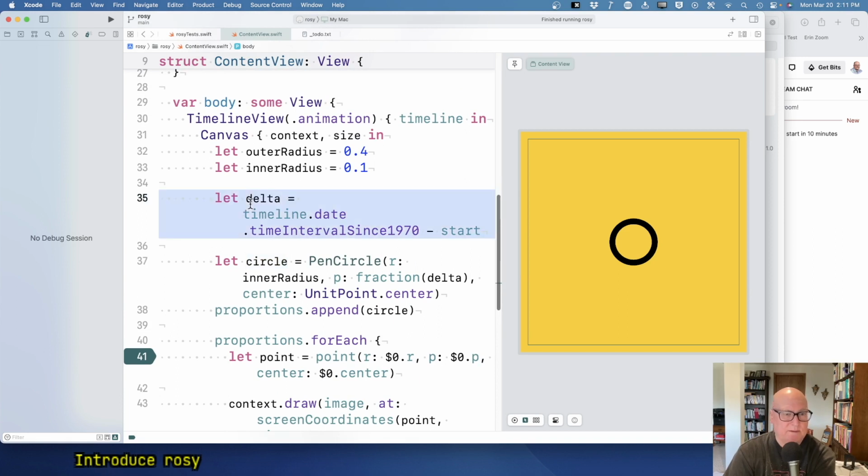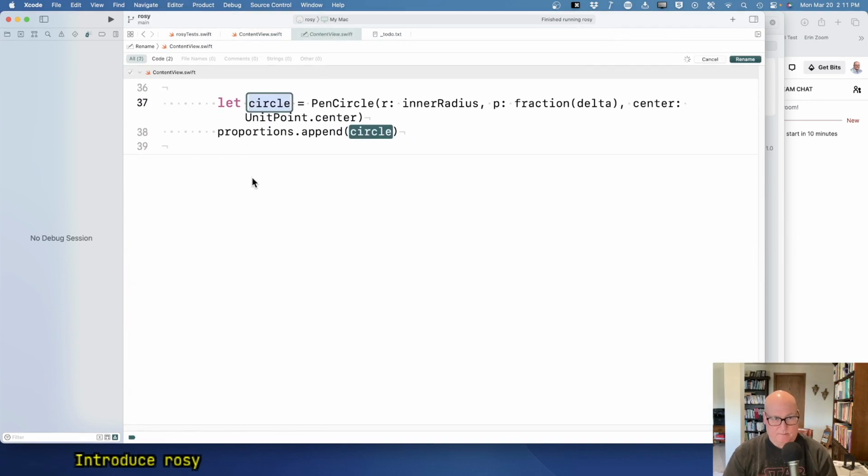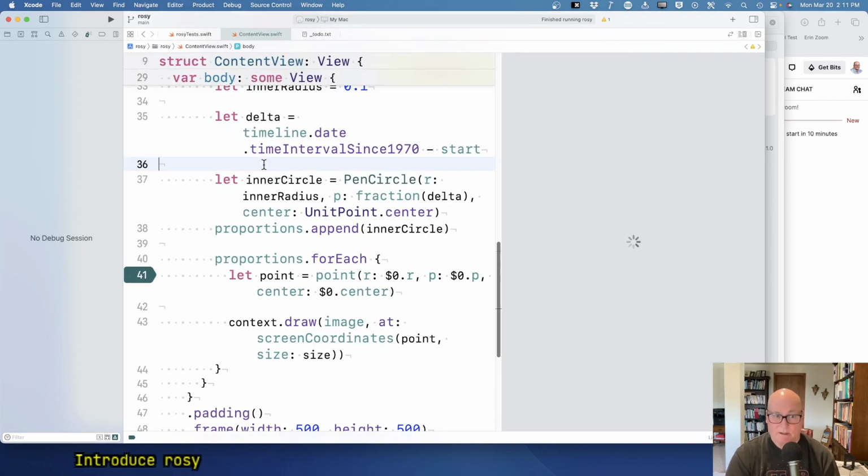All right, okay, so this is going to move the center. Okay, unit point dot center is not right. That's the center of the big circle. But let's make this inner circle. Sounds more mysterious than it is.